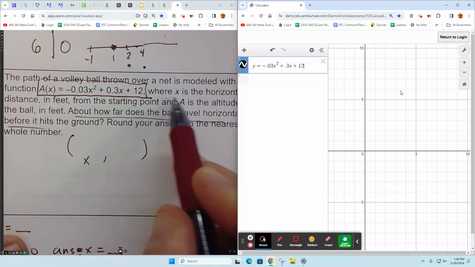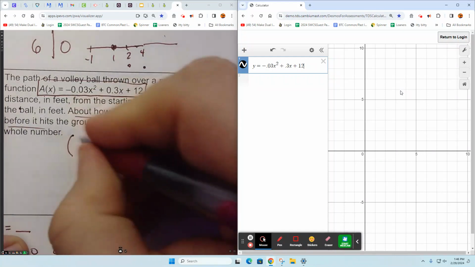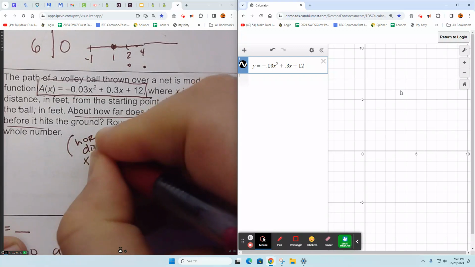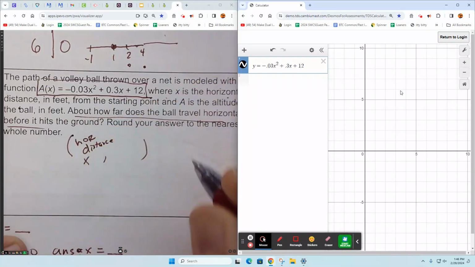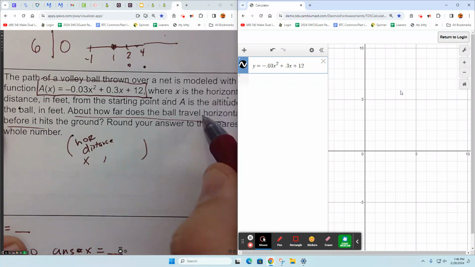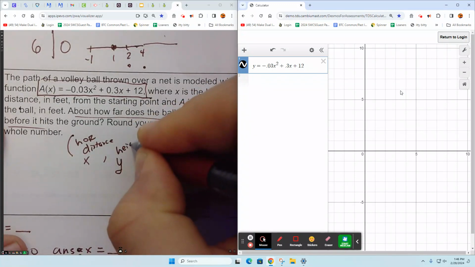It tells me x is my horizontal distance. And then y, or my output, is my altitude. What's altitude mean? Height.